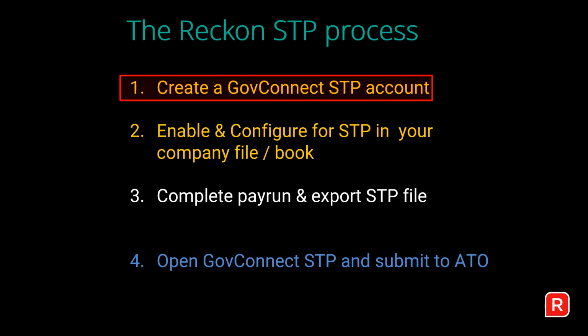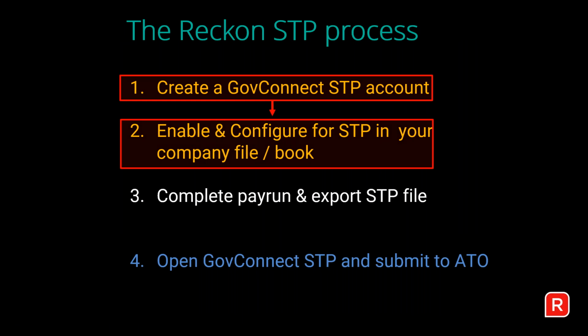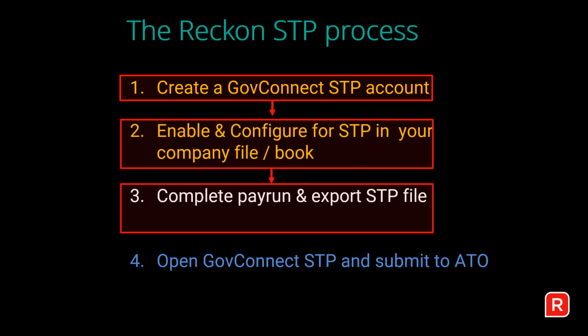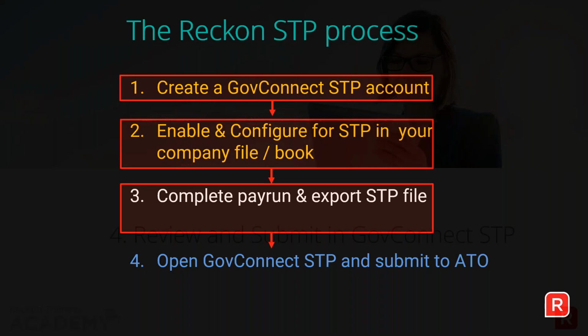Okay, so now that we've created the GovConnect STP account, and we've enabled and configured STP in our company file or Reckon One book, and completed the pay run and exported the STP file, the final step of the STP process is reviewing all the information in GovConnect STP and then submitting it to the ATO.